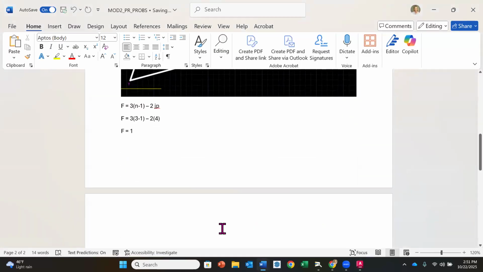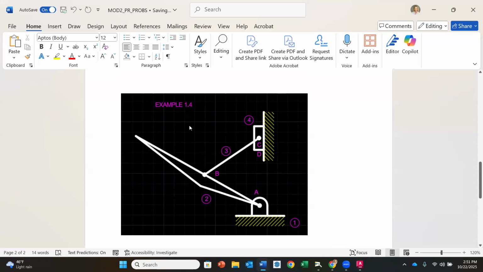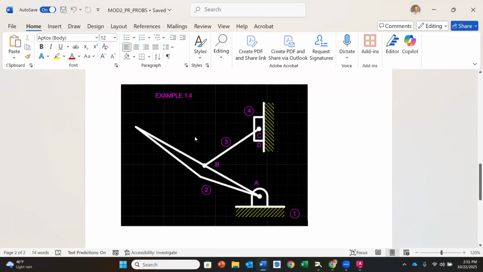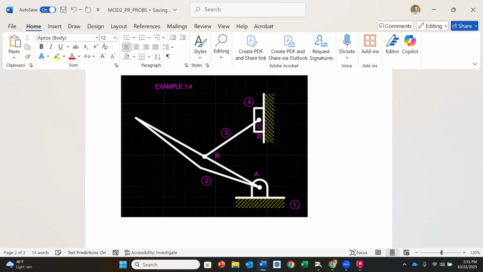Okay. So now I'm going to go Control V. And again, however you want to add the mobility equation, whether it's part of the CAD, if you want to add it down here or add it as the hand calculations, it's totally fine as long as you have it here. Now, this would be the last of the examples that we have assigned for our practice problems, okay?